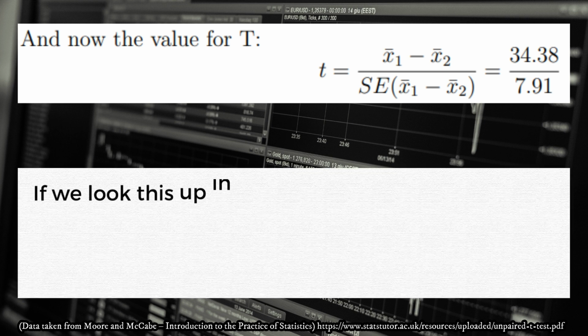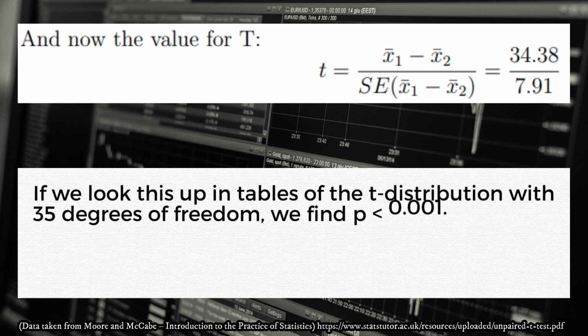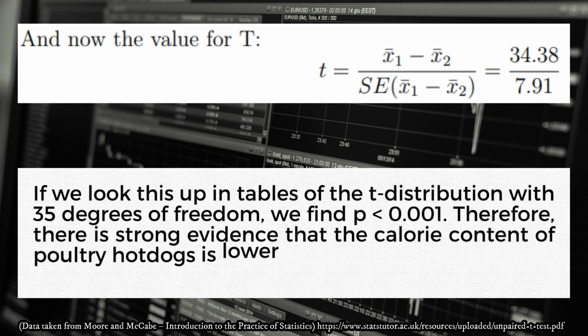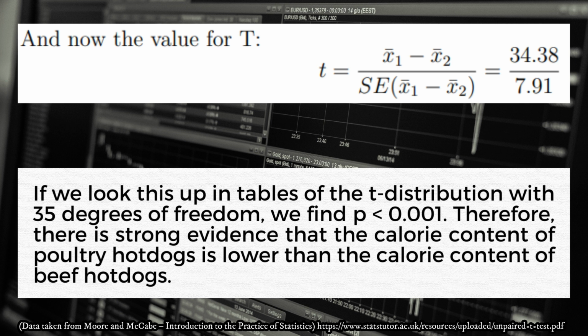If we look up the tables of the t distribution with 35 degrees of freedom, we find the value of p is lower than the 0.001 level. Therefore there is strong evidence that the calorie content of the poultry hot dog products is lower than the calorie content of the hot dogs made of beef.